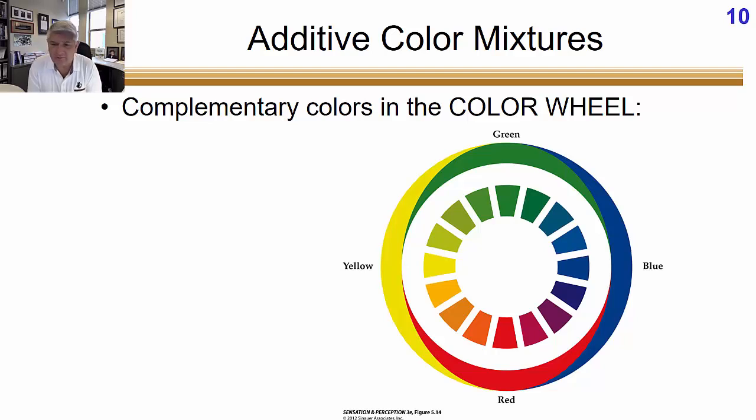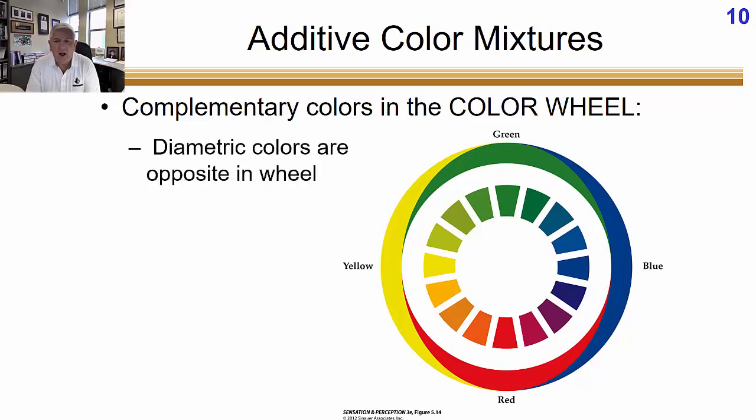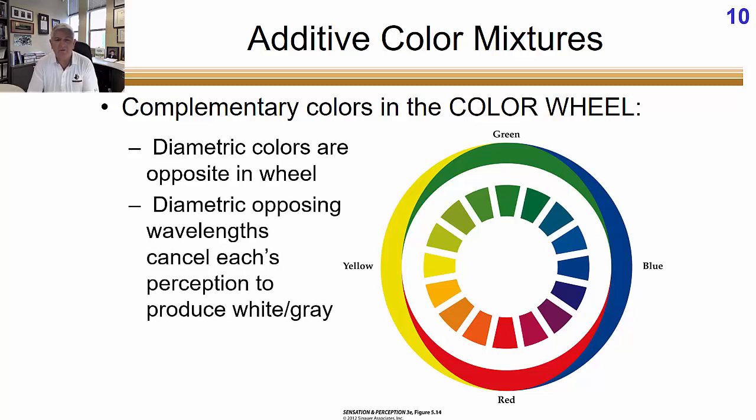All right, so let's talk about some different colors. Here you see a color wheel. And one interesting and important thing to note is that colors that are opposite each other, like green and red or yellow and blue, are called diametric colors. And these diametric colors actually cancel each other out because of opponent processing that we'll talk about in a few minutes.